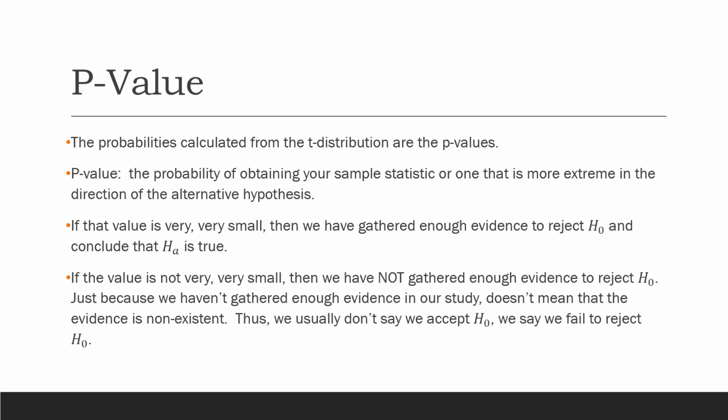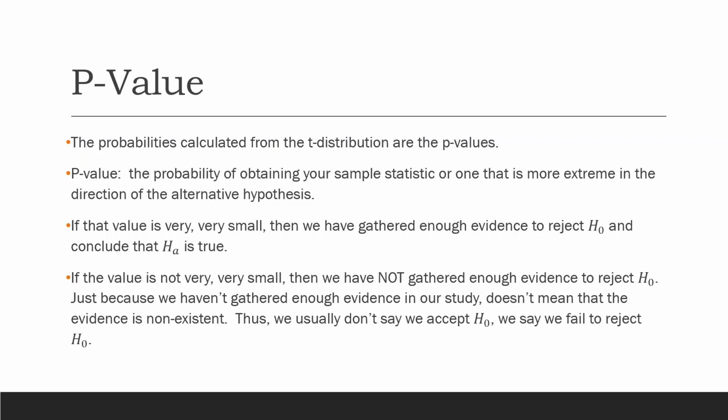If that value, that p-value, that probability value is not very small, then that means we've not gathered enough evidence. All right. And in that case, we usually say we fail to reject the null hypothesis.